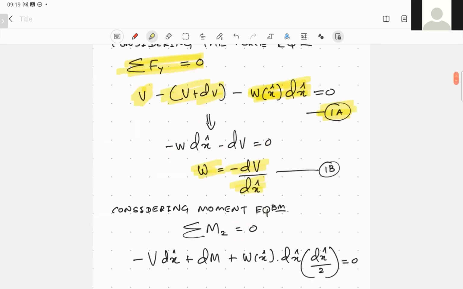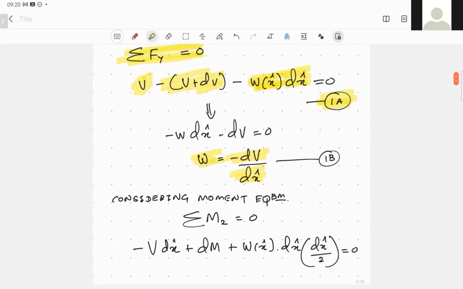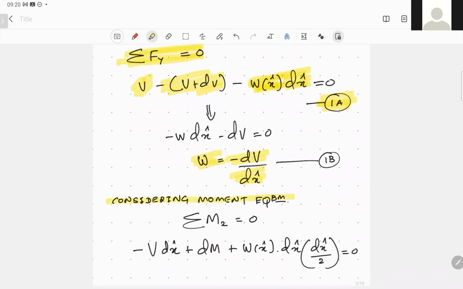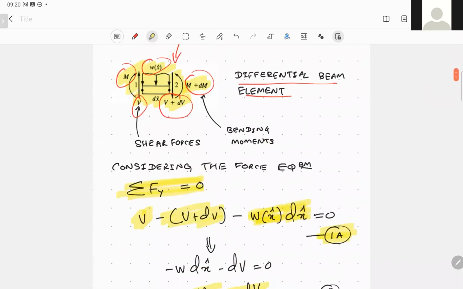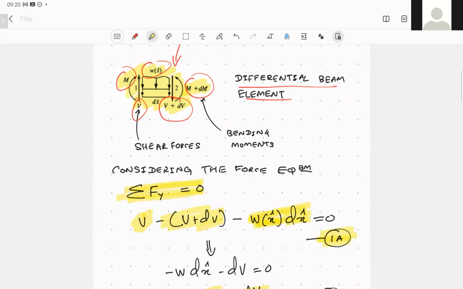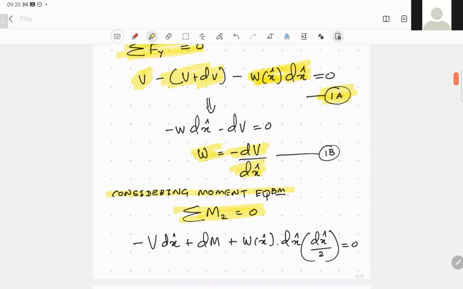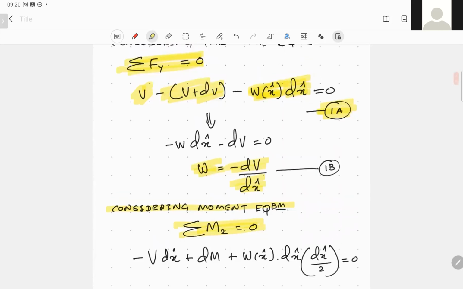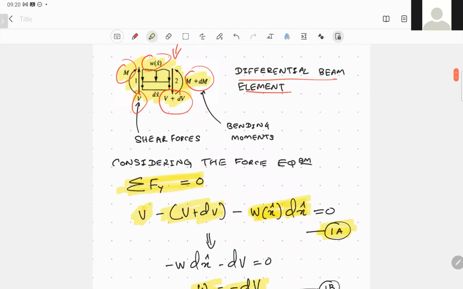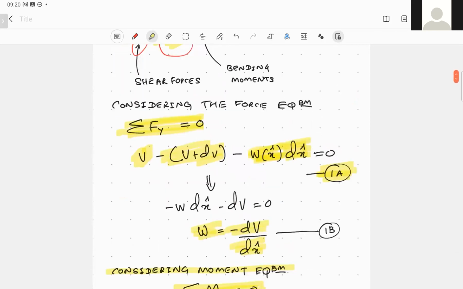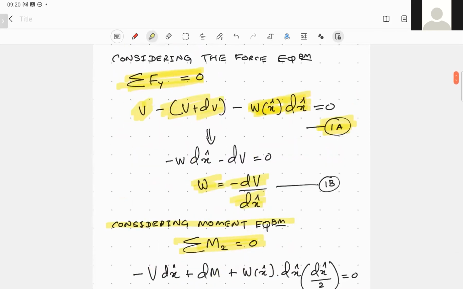The second physical phenomenon that we have to take into account is the moment equilibrium. The moment around any point should be 0. So let's take the moment around point 2 to be 0. What are the forces acting? Minus V times dx. Why is it minus?